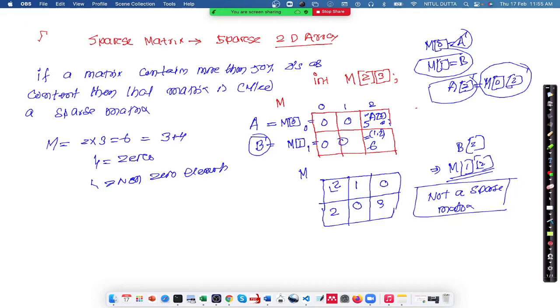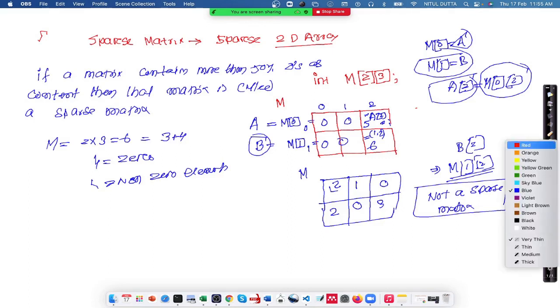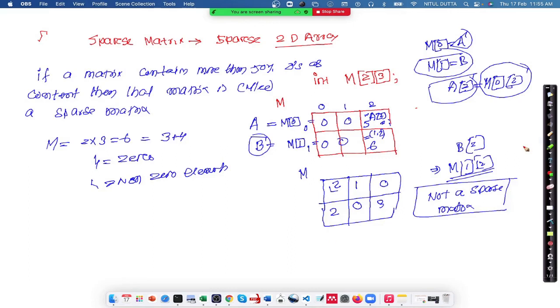Actually, there is no problem with the sparse matrix. But when we write a very big program, suppose your matrix size is not 2 by 3, it is say 1000 by 1000.